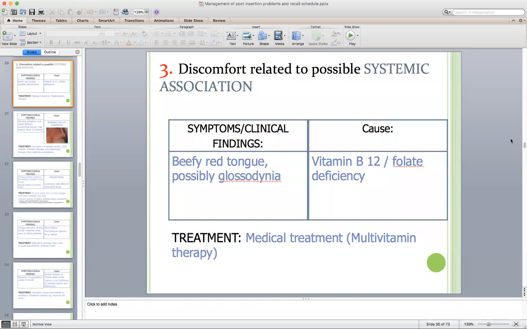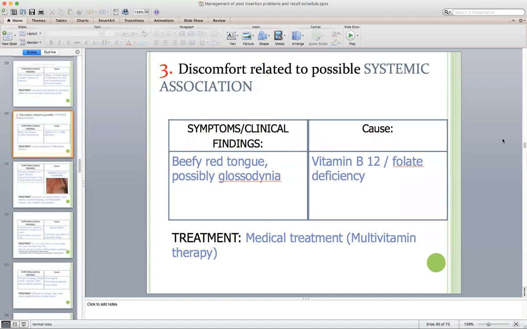So these were the problems related to the occlusal and polished surfaces of the denture. Now coming to the discomfort related to possible systemic associations. Many a time, when we deliver a denture to a patient who already has systemic issues, those may be exaggerated after denture insertion.